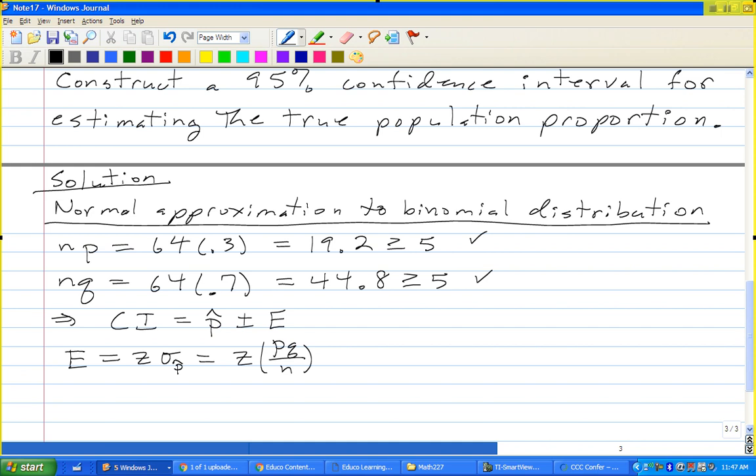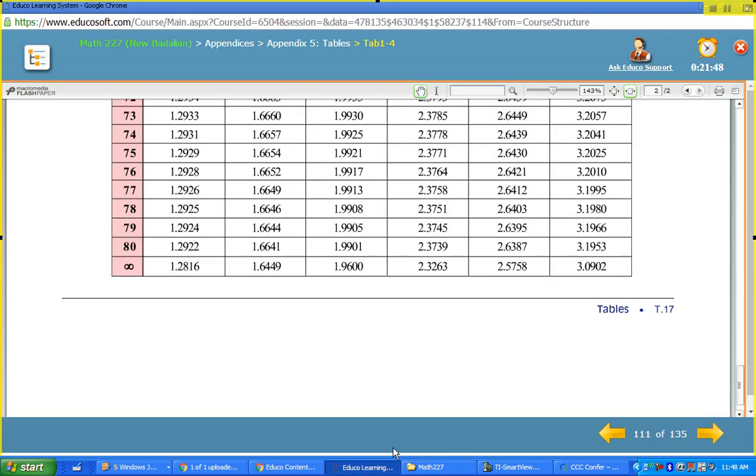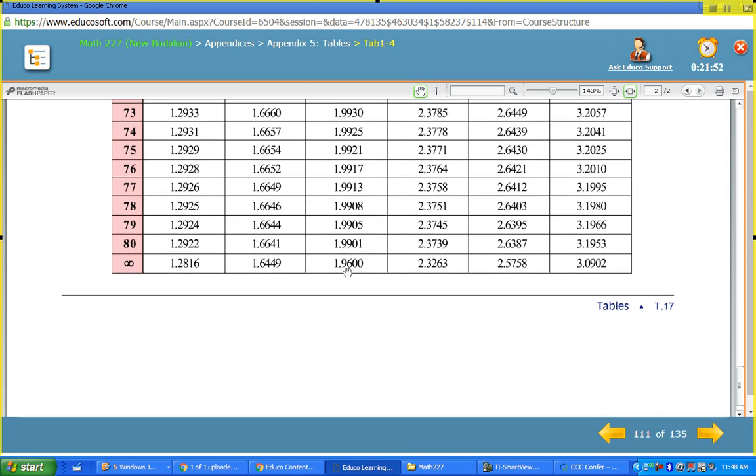Okay, so let's look up for 95%. Oh, well, we already know that. For a 95% confidence interval, the critical value is going to be 1.96. We could look that up here. There it is right there, 1.96.